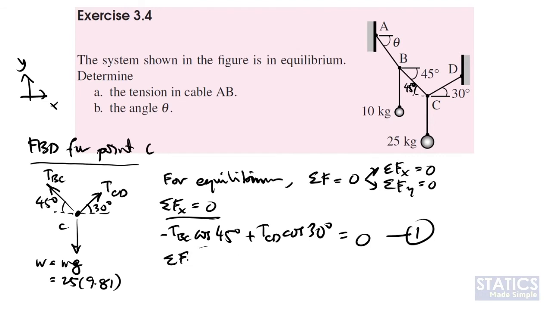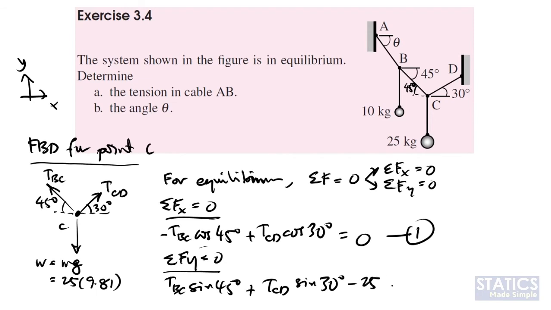Next, we have summation of force along y equals 0. Along y, we will have TBC sin 45 degrees plus TCD sin 30 degrees minus the weight, 25 times 9.81, equals 0. This gives us our second equation. So we have two equations and two unknowns, TBC and TCD, and we can solve this simultaneous equation.